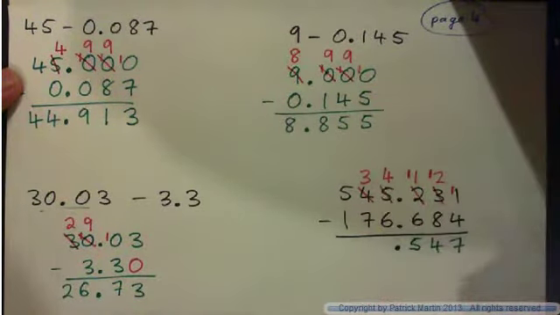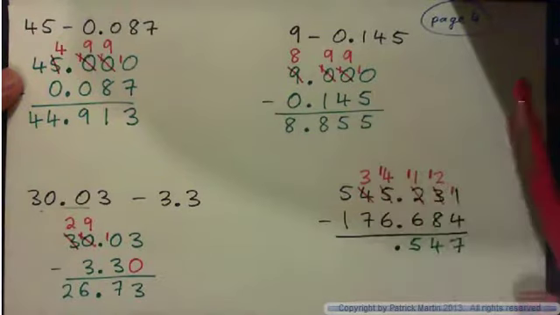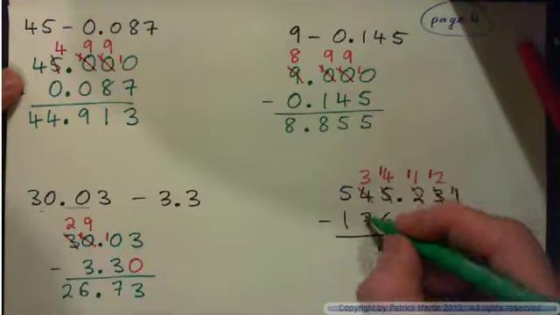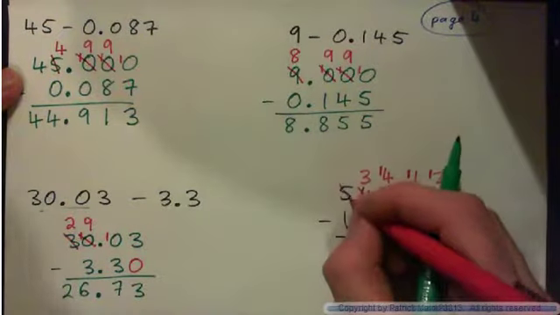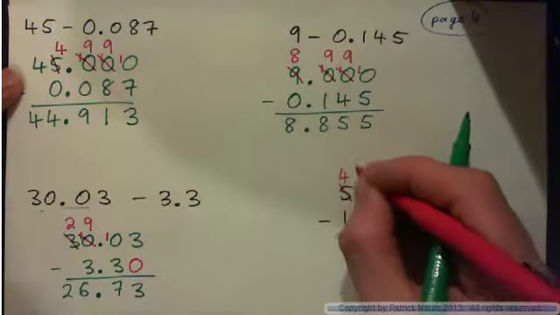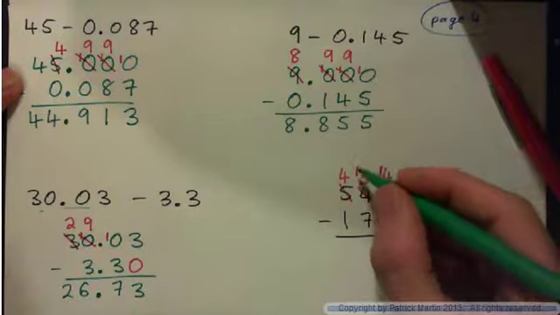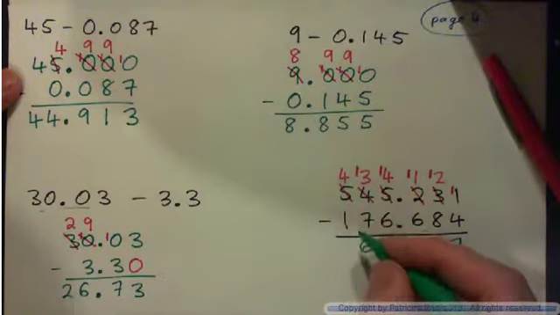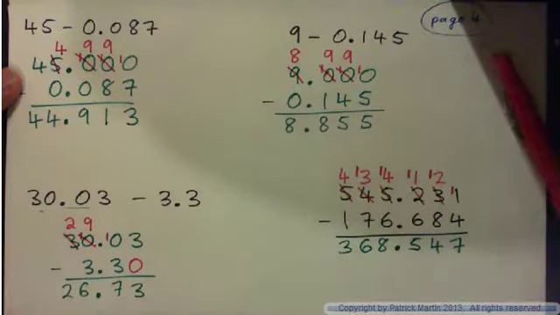And the 1 comes over here to make that 14. 14 minus 6 is 8. 3 minus 7 isn't going to work. Got to borrow from the 5, that becomes a 4, and a 1 comes over here. A 10 comes over here for this unit, so 13 minus 7 is 6, right? And 4 minus 1 is 3.